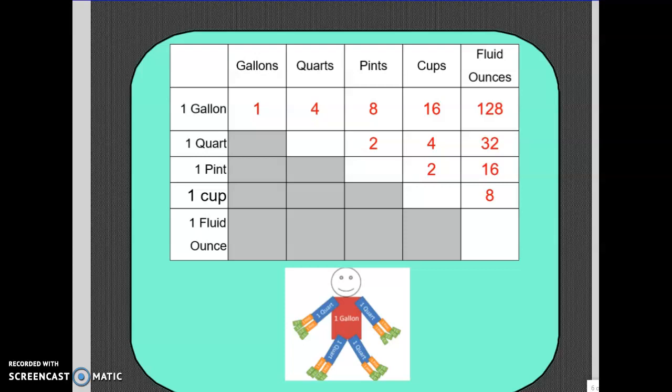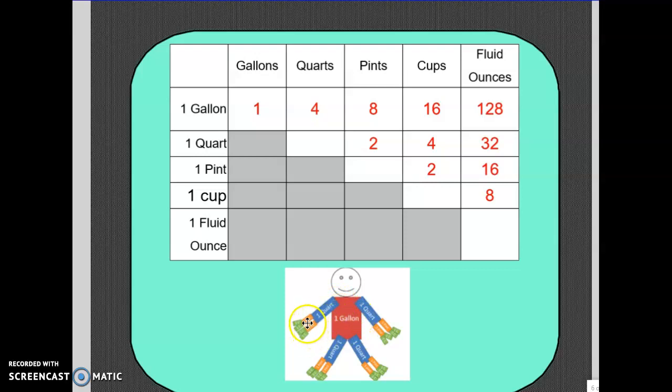What about pints? Inside of this gallon, a gallon jug, there are 8 pints. The pints are the orange. 1, 2, 3, 4, 5, 6, 7, 8. It would take 8 of these to fill up 1 gallon, 8 pints.